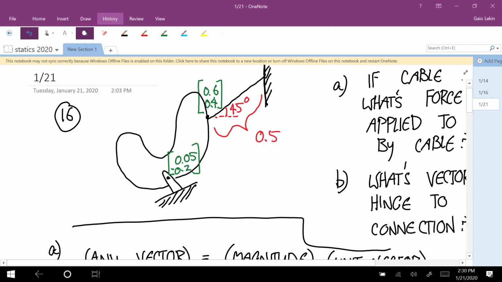But if we represent this as some unknown magnitude T times a known unit vector, then this vector is represented by just a single variable. And since we have two useful equations, we can calculate one variable here too. Are you with me on that?